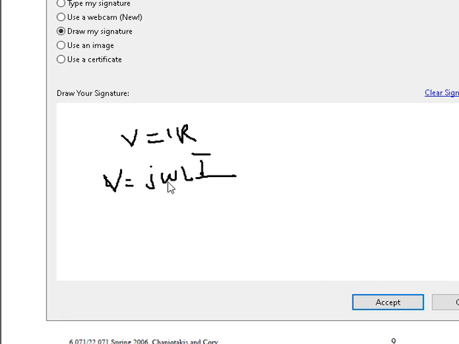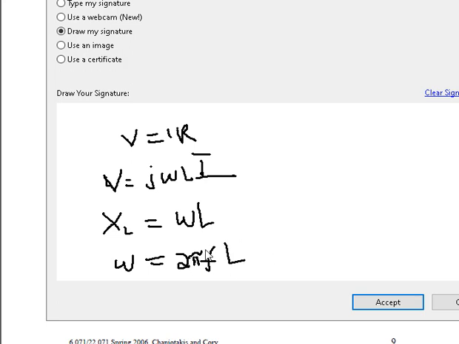So by comparing these two equations, we can now know that the equivalent impedance or equivalent reactance of the inductor is equal to omega L, right? And take note once again, omega is equals to 2 pi f, so the reactance is 2 pi f L. Okay?